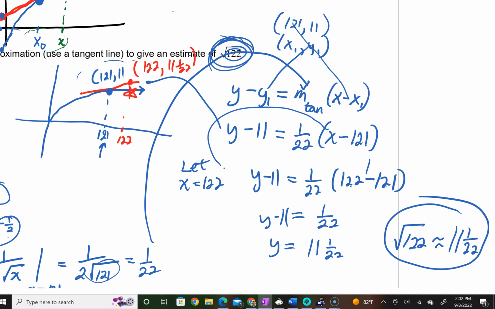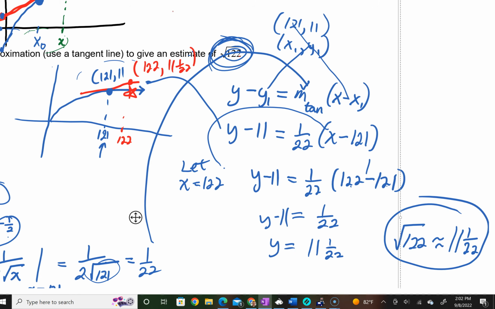Listen, we don't always know what our function is. We won't be able to plainly say, just plug 122 into our function and work it out. And that can sound very strange. I'll give you a little bit of a hint. Very often you might be gathering data in a science lab, and you can ask tough questions like, what would happen if we went just a little bit further than this particular data point, which you could think of as a point of tangency.